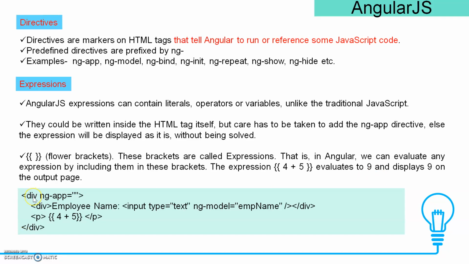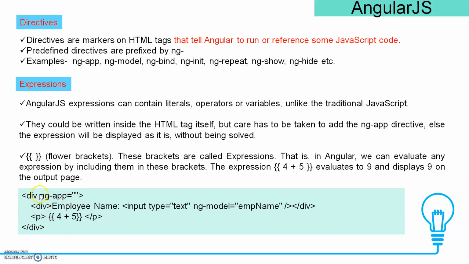Suppose div is one HTML tag. As I said, Angular attributes are added to the tags. So for the div tag, one attribute ng-app is added, and it is a directive. Then you can give a name to the directive to refer to it from outside of this directive's scope. Right now this is a simple application, so I am keeping it blank.